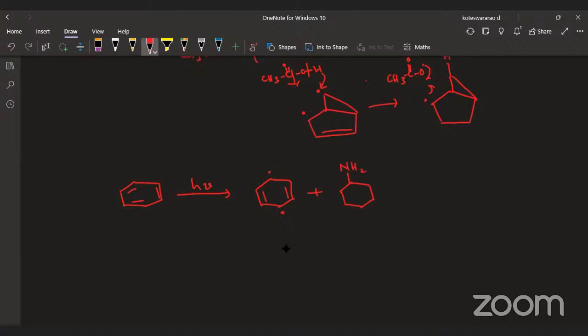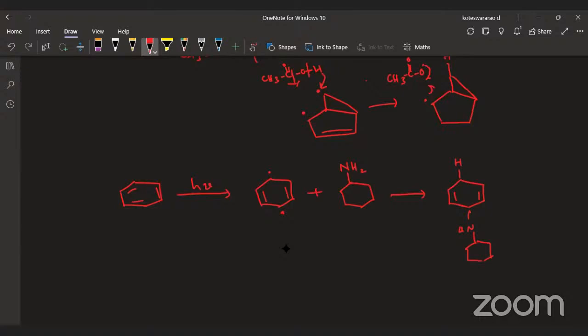It is transferring of hydrogen radical followed by the stacking of amino radical. Cyclohexanamine radical. Hydrogen is here and the NH cyclohexane derivative is generated.